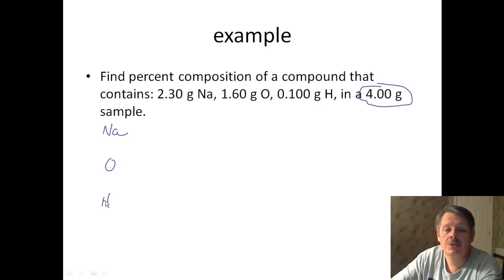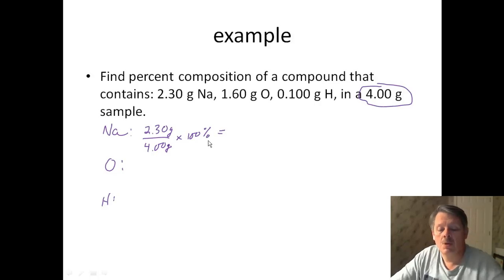Now, when I do this, I tend to write them this way because it means I don't have to rewrite sodium over and over again, and then oxygen over and over again, because I like to write all my units out. So I'm going to start with 2.30 grams of sodium, and I divide by the total, which is 4.00 grams. And then we're going to multiply by 100% because what we want is a percentage.